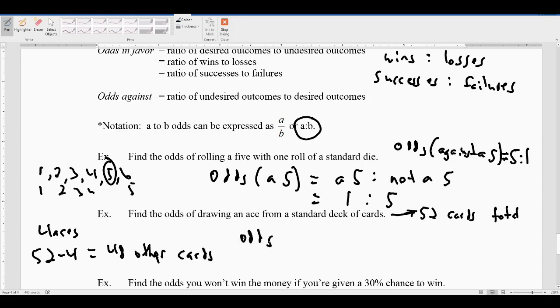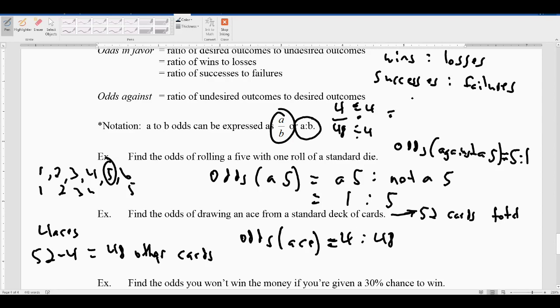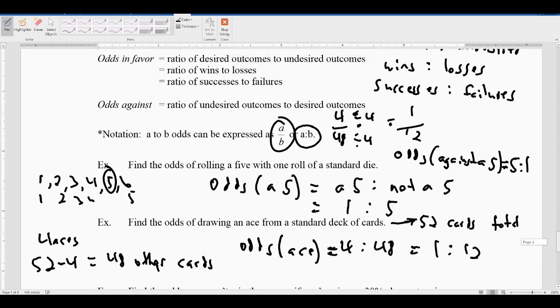So the odds of an ace would be 4 to 48. And just like if I were to think of it as a fraction, 4 over 48, that reduces. If I divide top and bottom by 4, I get 1 over 12. So 4 divides into 4 one time, 4 divides into 48 12 times. So the best answer is 1 to 12. If you think about it per suit, that makes sense because there's 1 ace per suit and 12 other cards that aren't aces in the suit.